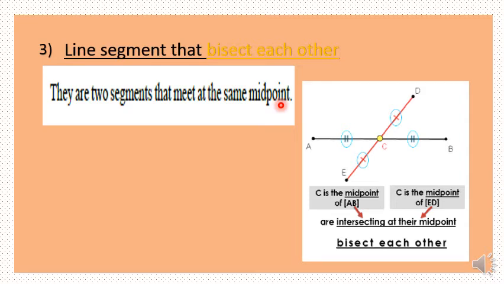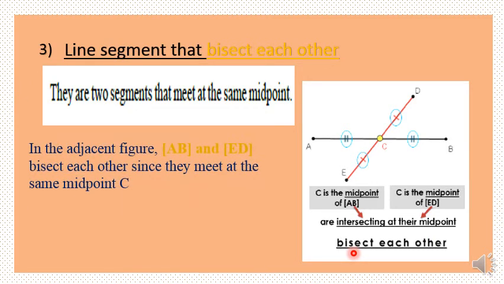We say that any two diagonals that make an X shape, just like the X, are intersecting. In this case, they are intersecting in their midpoints. So what can we say? We can say that these diagonals bisect each other. AB and ED bisect each other. What is the meaning of bisect?